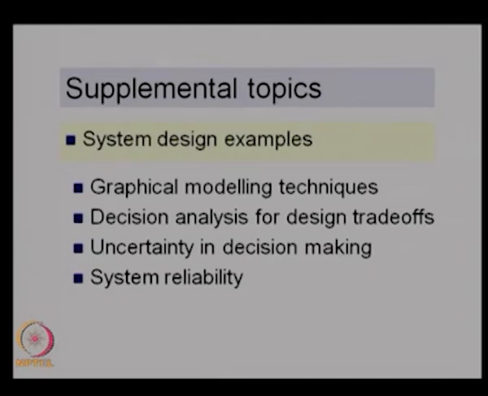Then we will look at the reliability of the system, how we design the system for reliability, how to avoid the faults in the system, how we incorporate the fault analysis into the system design, and similarly we look at some of the statistical tools which can be used in the system design, like design of experiments and other methods.